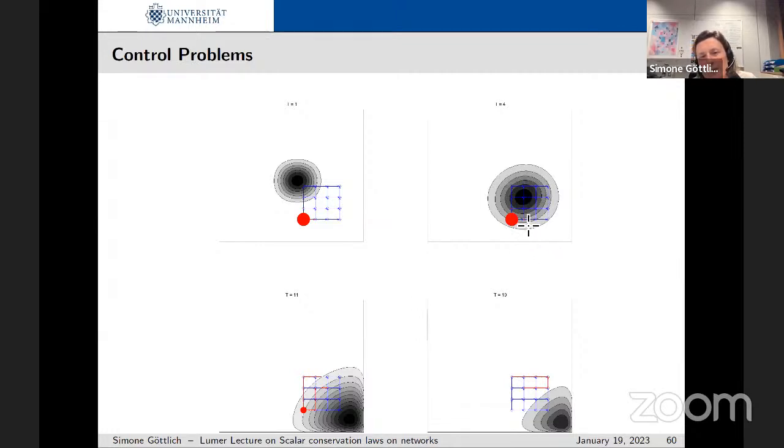You see that cars wait, since now it's too dangerous to evacuate all the cars through the network. And once, here in the picture, the substance is not that critical anymore, the evacuation starts, and all the cars are brought to the end of the road network in that sense here. And this is again solved by using all the dynamics I presented so far.